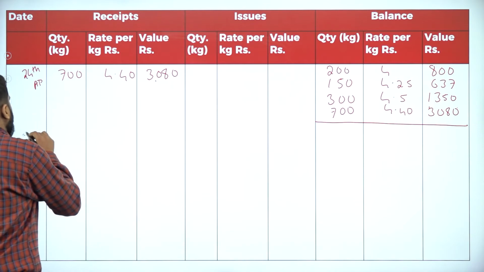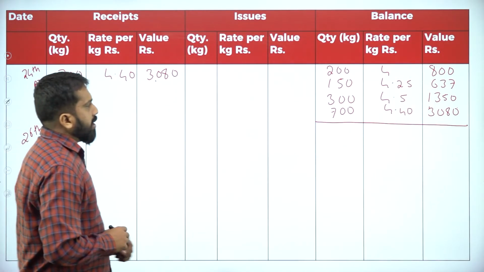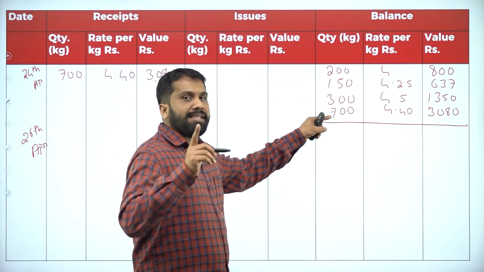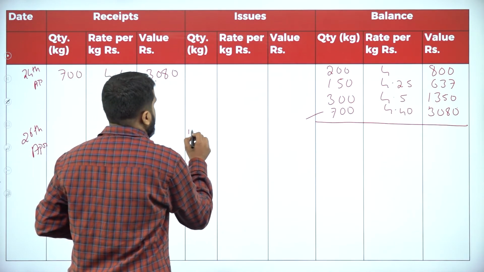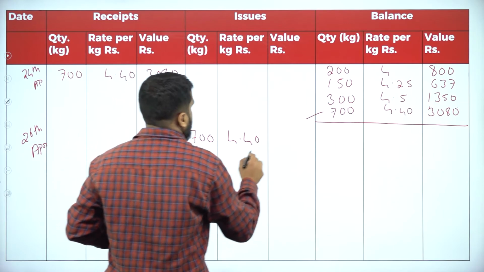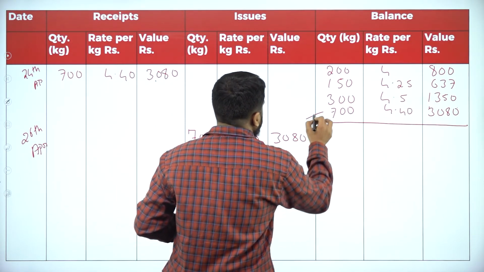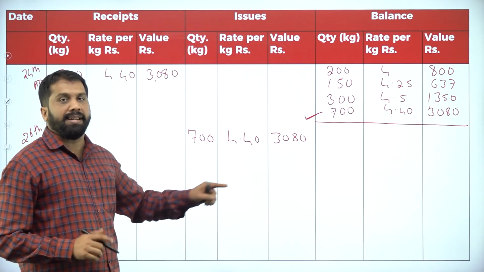Now, 26th April, 800 units. How much do we have in the last box? 700. You take this. So we will consider 700 multiplied with 4.40. It will be 3080. This box is empty. Now, how much did we need? 800.